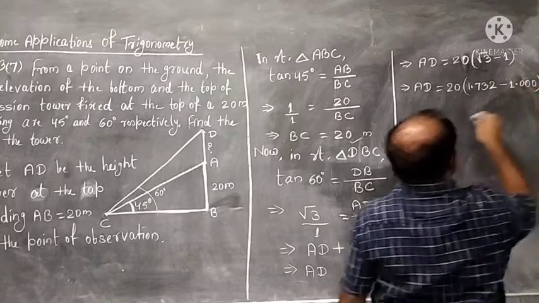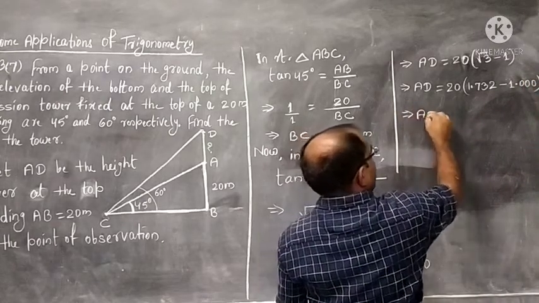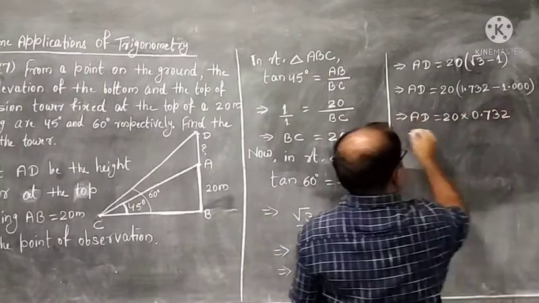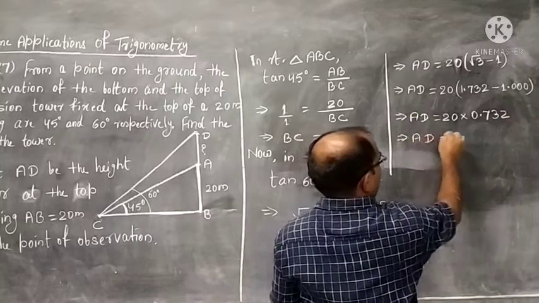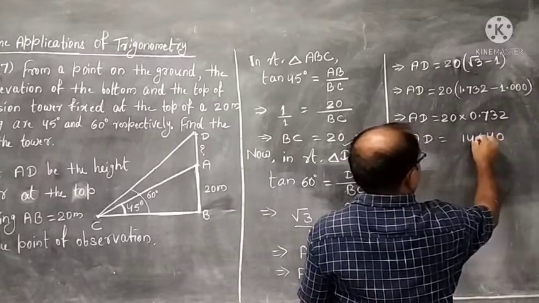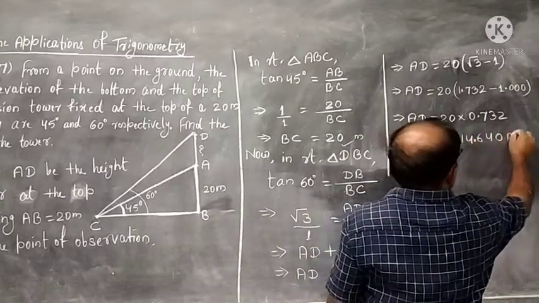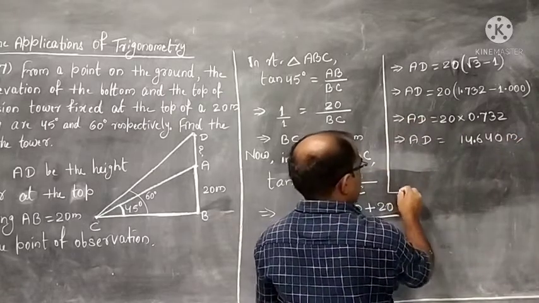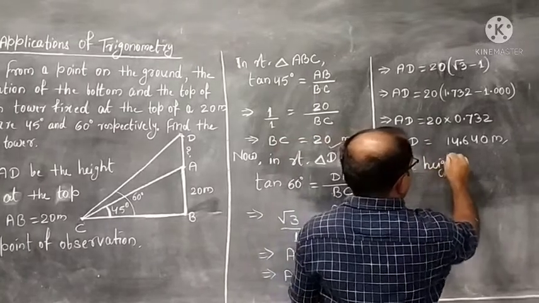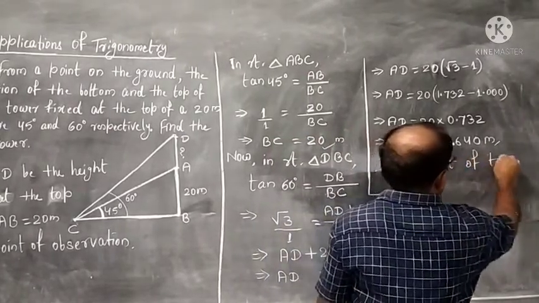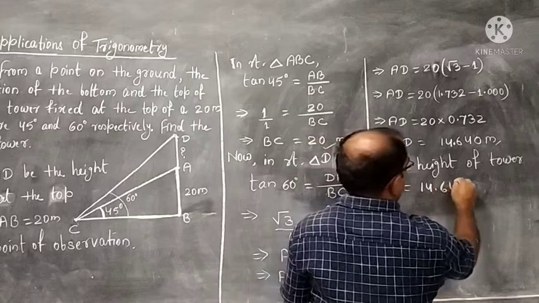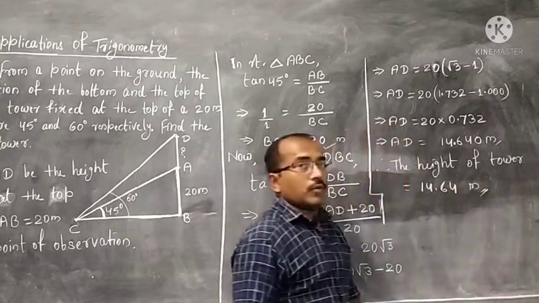We get AD is equal to 20 into 0.732, and finally, 2 2s are 4, 3 2s are 6, 7 2s are 14, and after the decimal point, 3 digits. Therefore the height of the tower, or transmission tower, is equal to 14.64 meters. Hope you have understood.